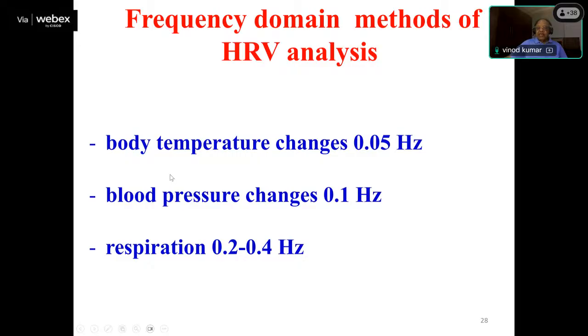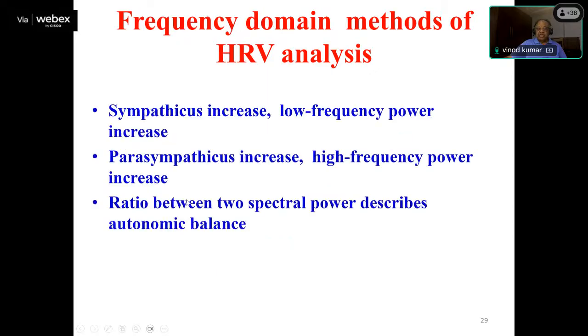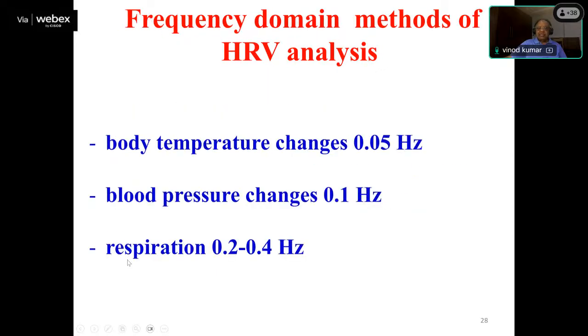I told you that in HRV, five systems work, mostly body temperature, that is thermoregulatory, blood pressure, that is vasomotor action, and respiratory, that is the respiratory system of the body. The respiratory system has frequency 0.2 to 0.4 hertz.